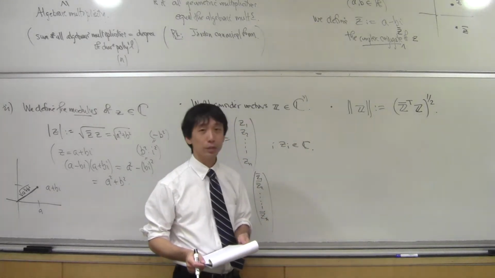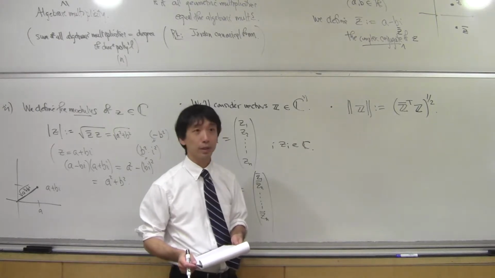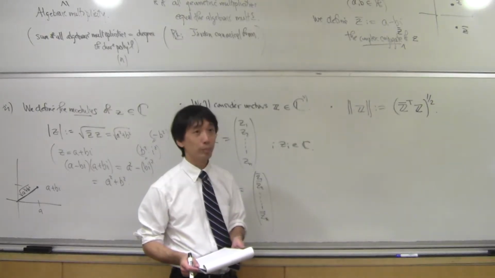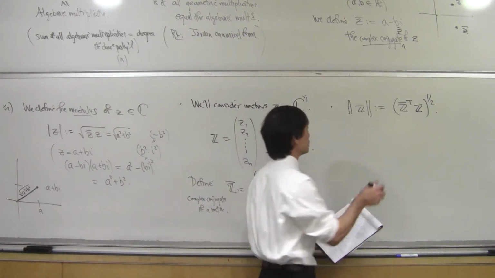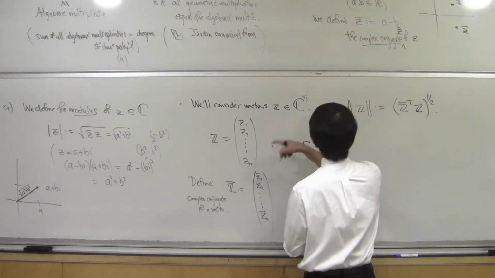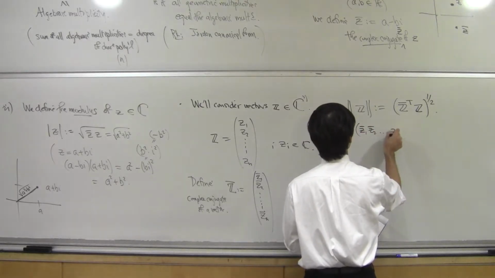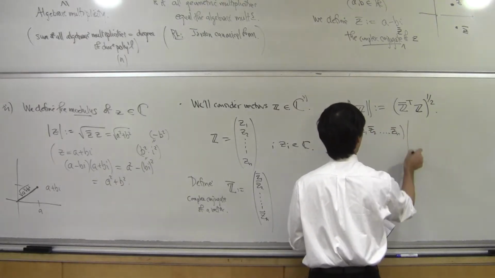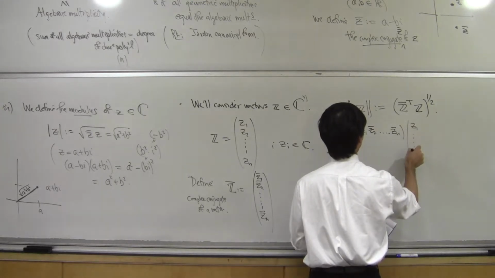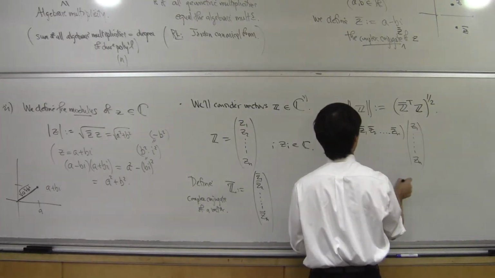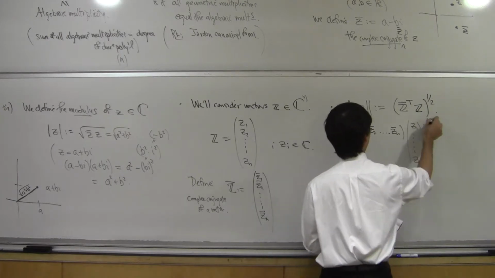So what that's going to be, using this notation here, I'm going to get (z1 bar, z2 bar, ..., zn bar) times (z1, ..., zn), everything to the 1/2.